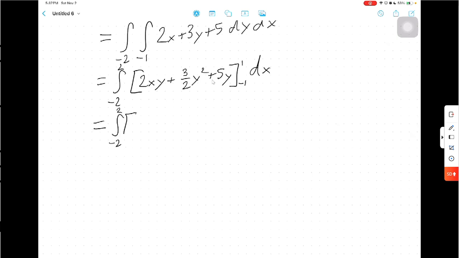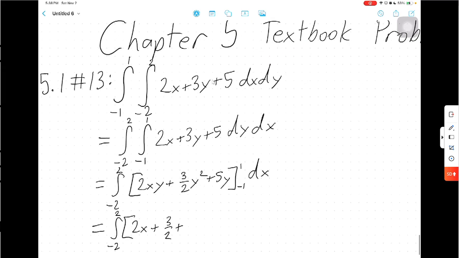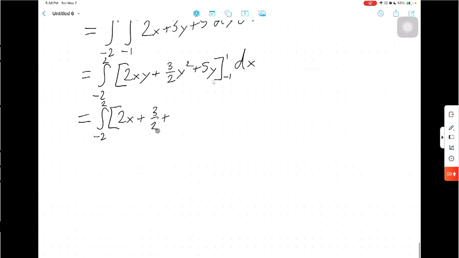And this is going to be 2x plus 3 over 2 plus 5. Wait, why is this the 2 bound? Because this is a rectangular region, so Fubini's theorem confirms that we can just do that. And the question tells us to do that. So we do it as long as it's rectangular bounds, because then it's easy.